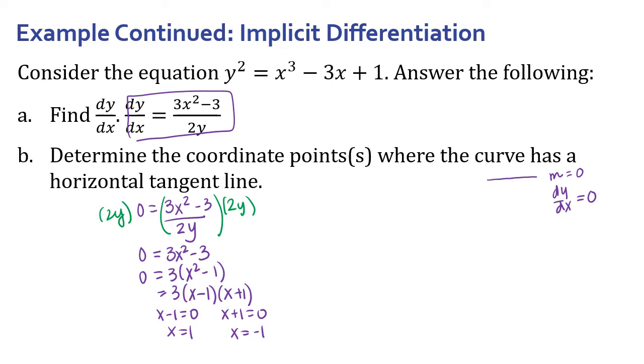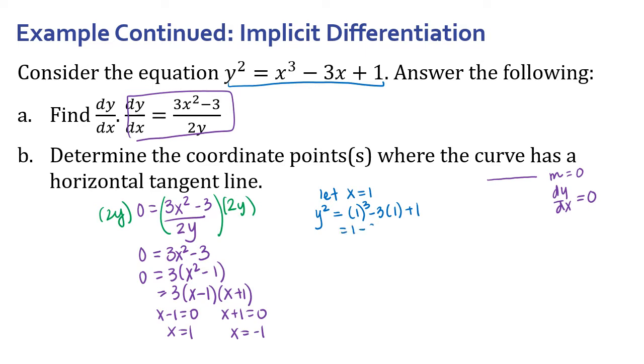So now let's go through and check this. We also need to find the y value. So let x equal 1. When I go to my original equation and solve for y to find the y value there, I'm going to get y squared equals 1 cubed minus 3 times 1 plus 1.